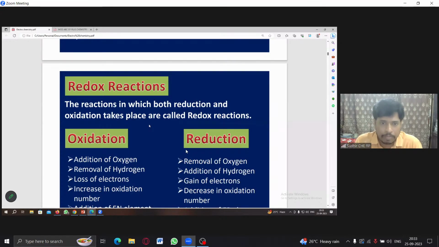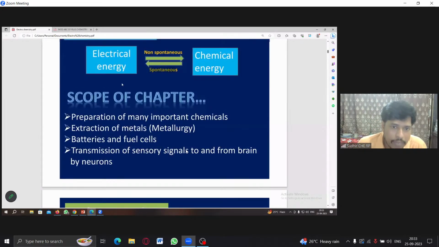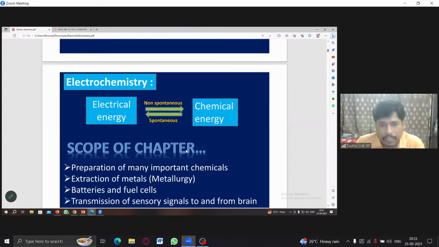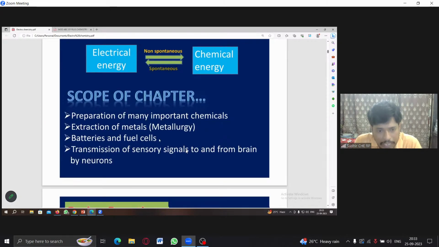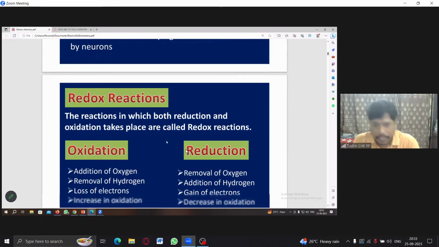In these two internal conversions, mainly we have to consider non-spontaneous redox reactions and spontaneous redox reactions. So for that sake, first we have to understand what a redox reaction is.